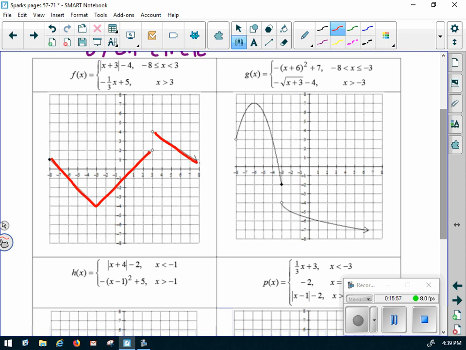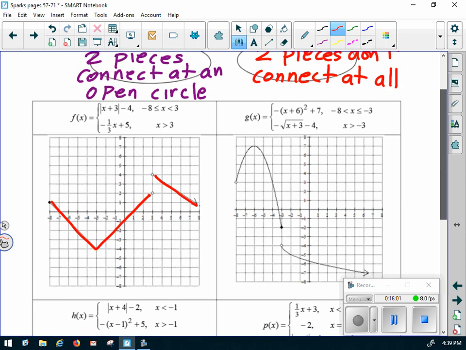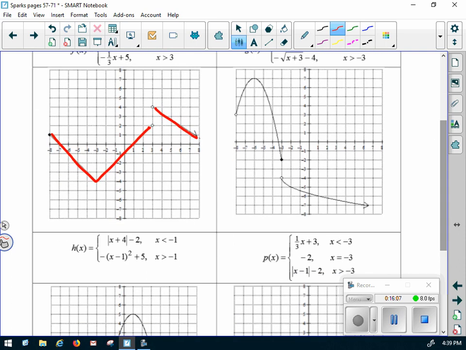Now, is it a point discontinuity or a jump discontinuity? Do the two pieces connect at an open circle, or do the two pieces not connect at all? Well, they don't connect at all. So this one, I have a jump discontinuity at x equals, and your discontinuities are always at an x value, at x equals 3.